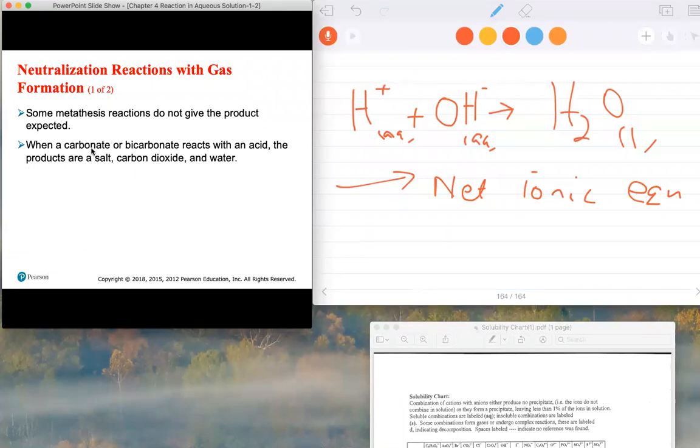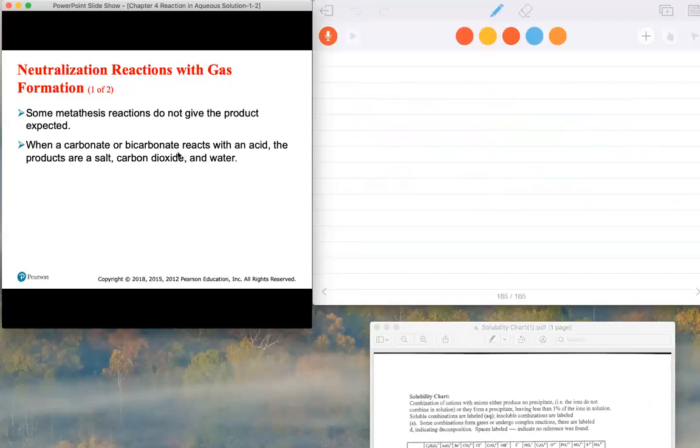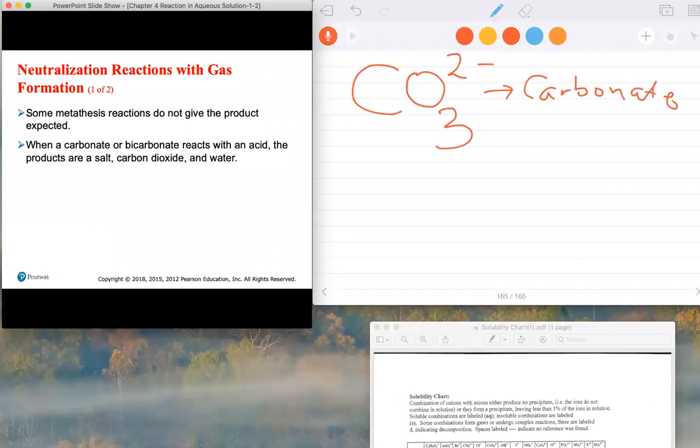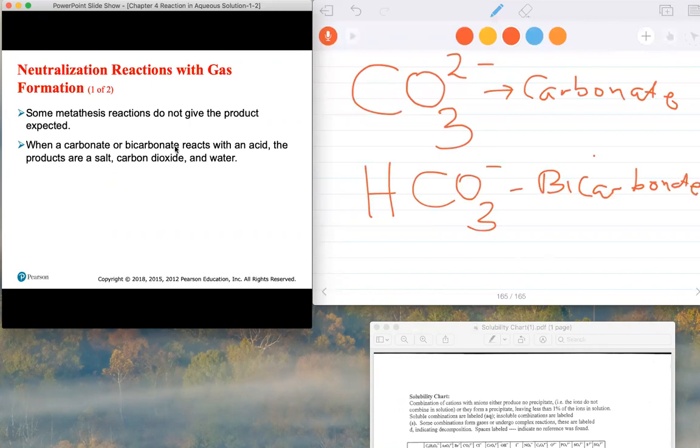When carbonate or bicarbonate react with an acid, what are those? These are compounds with the polyatomic ion carbonate, and bicarbonate. They produce carbon dioxide. This is the gas being referred to here.